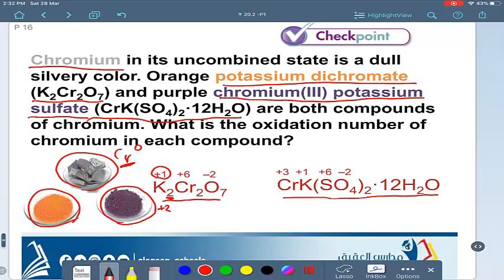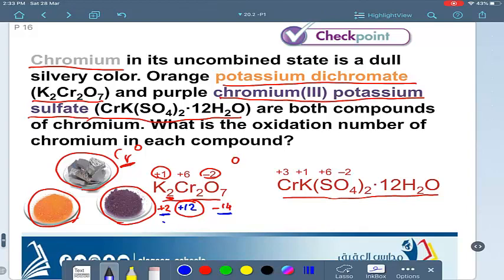Oxygen is not a special case here, so times 7 means negative 14. And this is a compound, so it has overall charge 0. So to make the overall charge 0, you have to make chromium positive 12. Positive 12 plus 2 is positive 14, and with negative 14, the overall charge is 0.